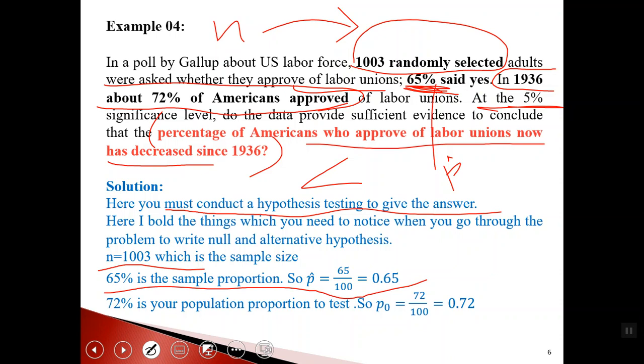In 1936 about 72% of Americans, which means they are talking about the population. So the population proportion p naught is 0.72. So p naught almost always denotes the population proportion value. Okay, so it is 72%, which means 0.72.